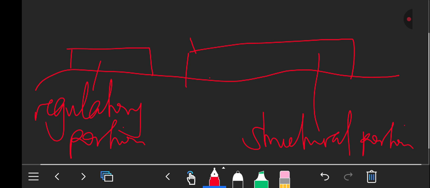So this structural portion has a certain composition.